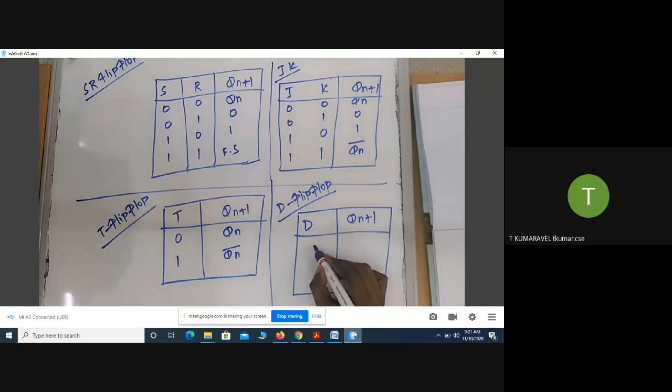Suppose I provide input 0, the same thing is produced as output, Q. Suppose I provide input 1, the same thing is produced as output. So that is the function table for all the flip-flops.